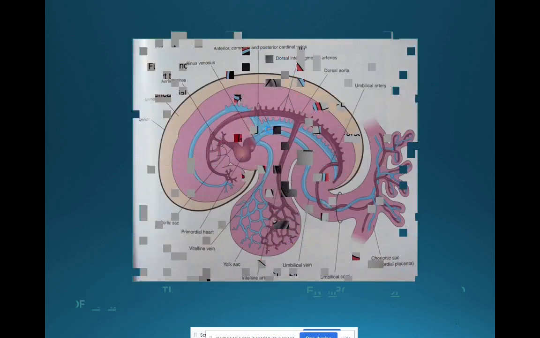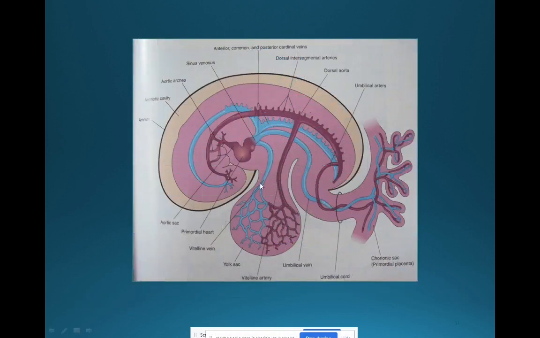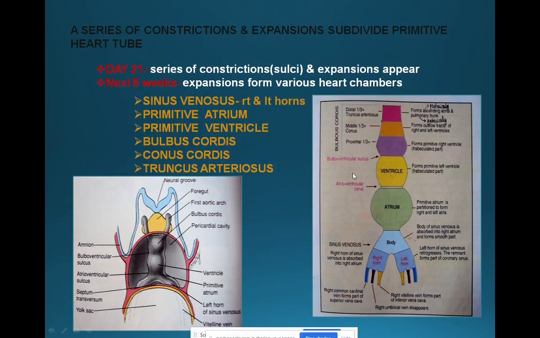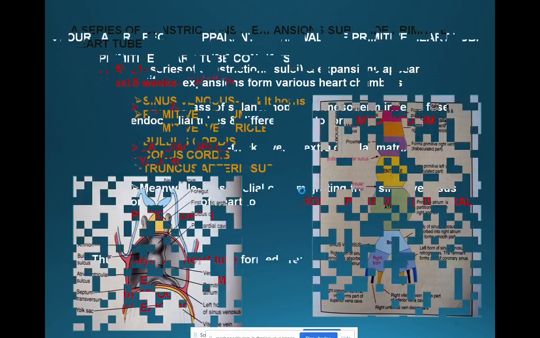Again, these are all the veins. The yolk sac is being drained by the vitelline vein, the umbilical vein is in communication with the placenta, and the body is being drained by the common cardinal vein, which again divides into anterior and posterior. Now these are the different parts which we have already discussed. In the pericardial cavity, different sacs are being developed.